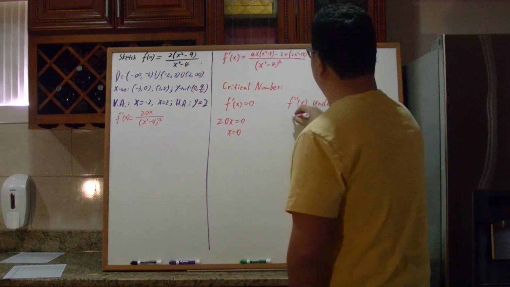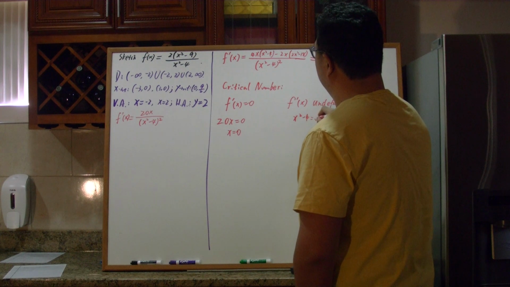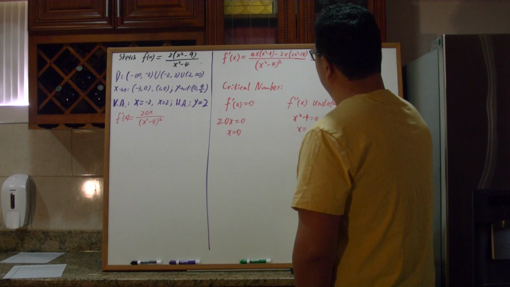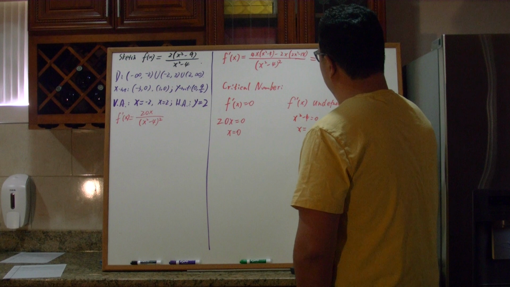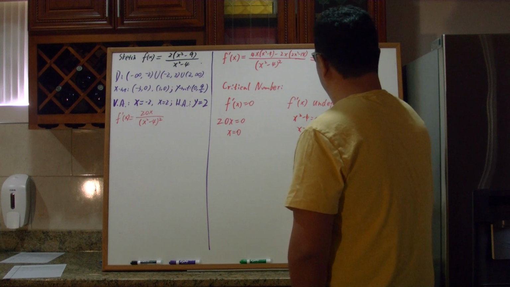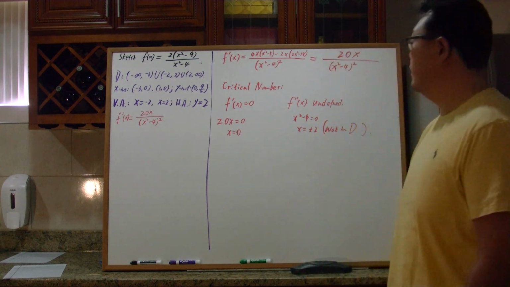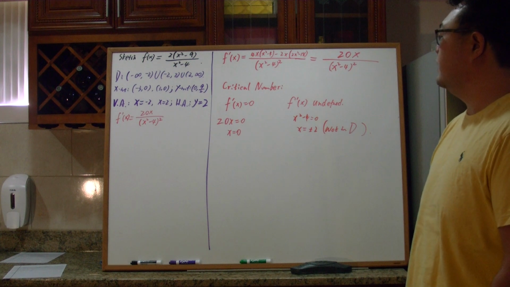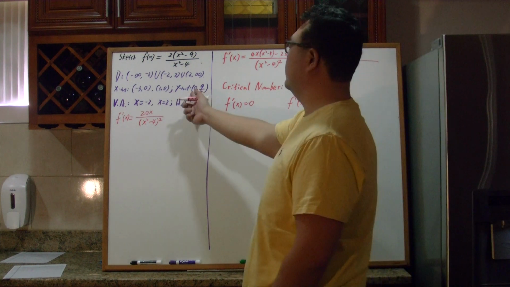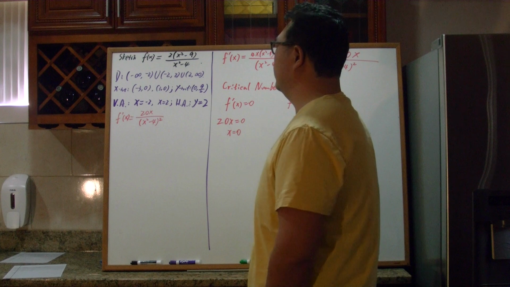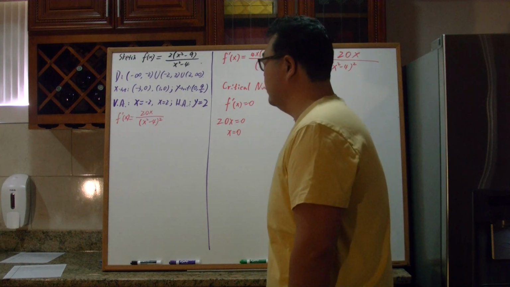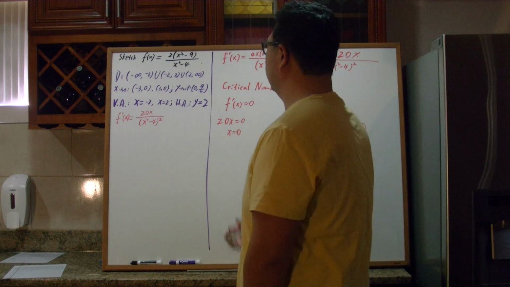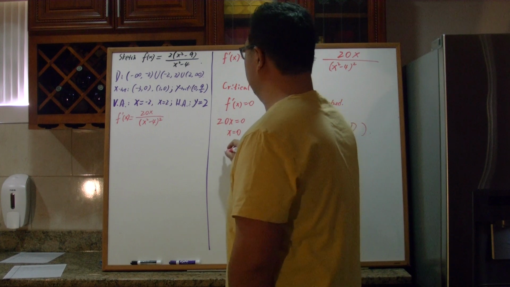F prime undefined, that's x squared minus 4 equals 0, which is not in our domain, so ruled out. We have the critical number at 0, and we already evaluated that 9/2 is our function value at our point, so we just need to see the increasing and decreasing intervals.